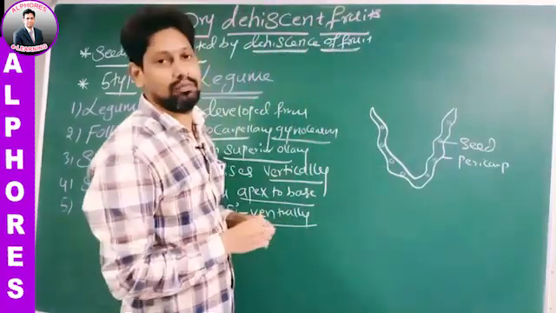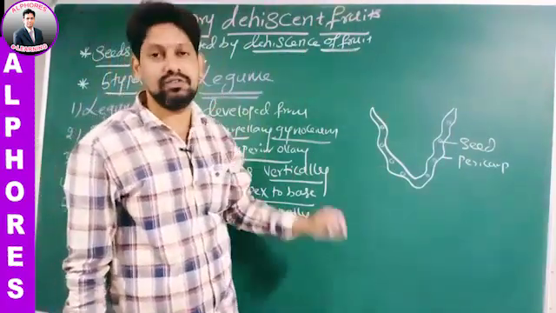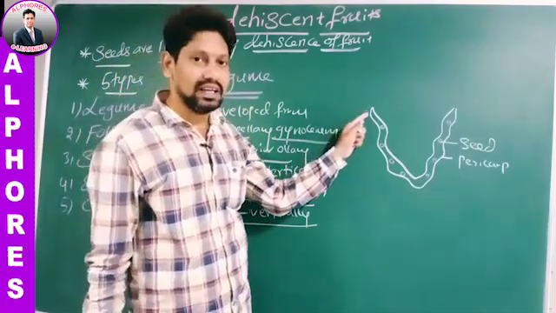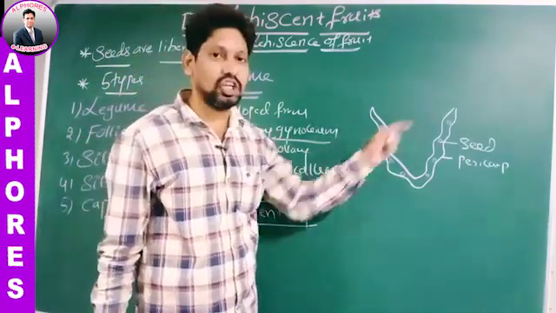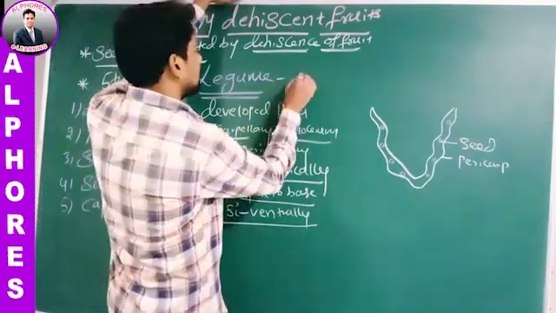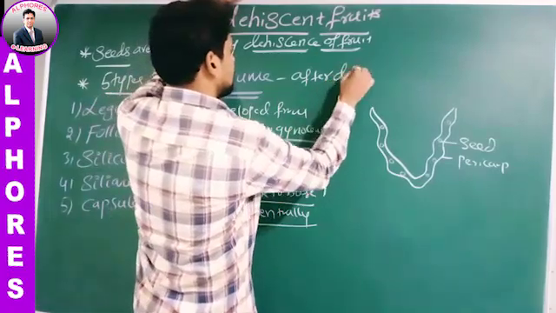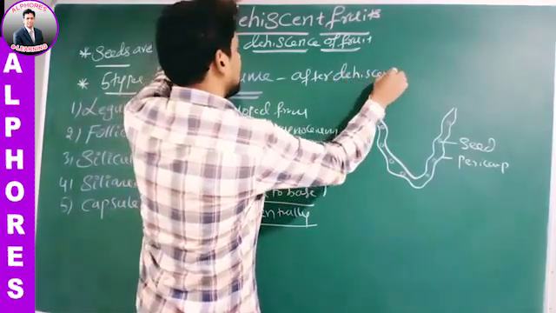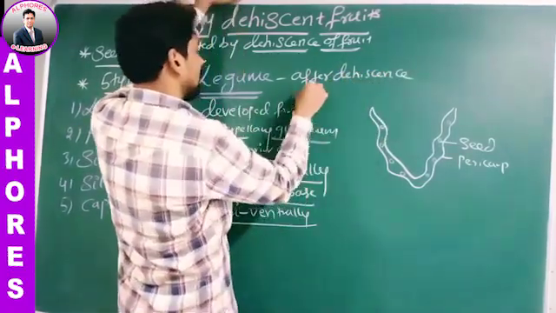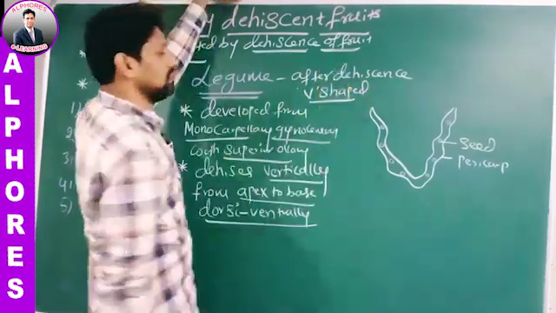Now see the diagram. If you see this fruit after dehiscence, right, what shape is it? V shaped. Legume after dehiscence is V shaped.